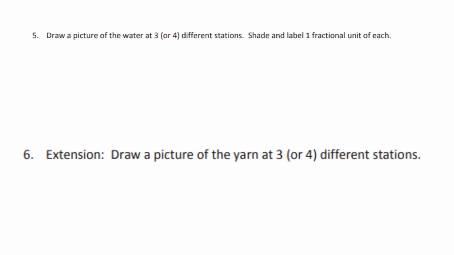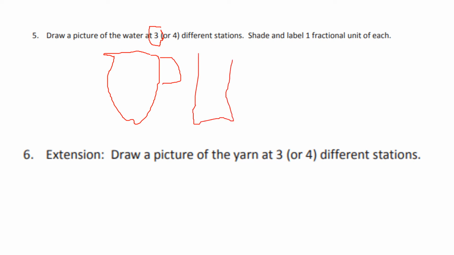So these are the last 2 questions for this lesson. It says draw a picture of water at 3 or 4 different stations. Shade and label one fractional unit. Again, we're going to do thirds. Think of a pitcher of water like we did the other time. A pitcher of water can be kind of like this. So it's kind of rectangular. So you can, if you want to, just make an actual rectangle.